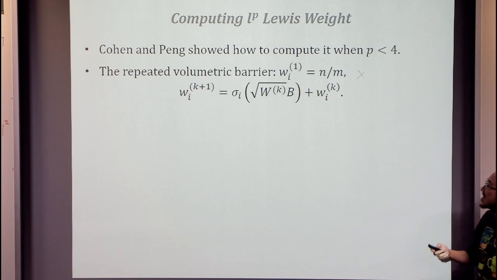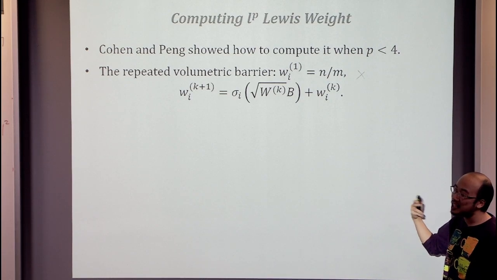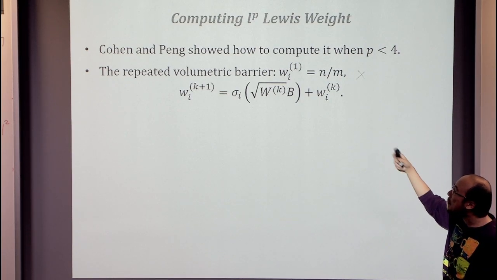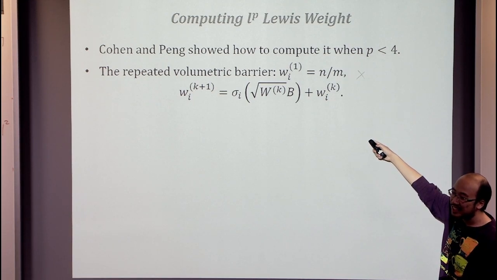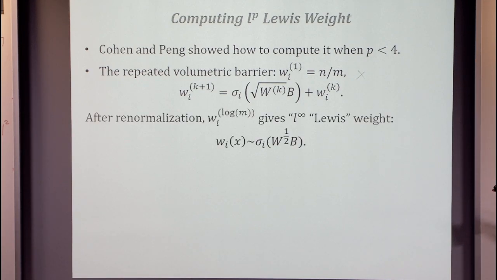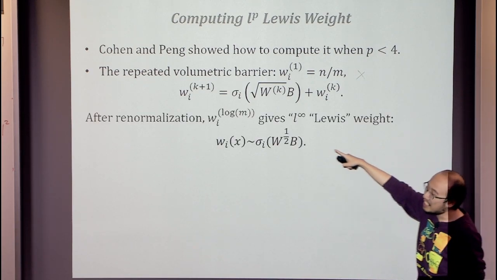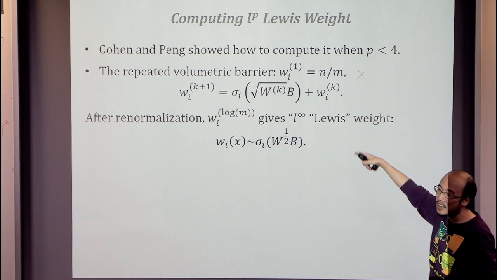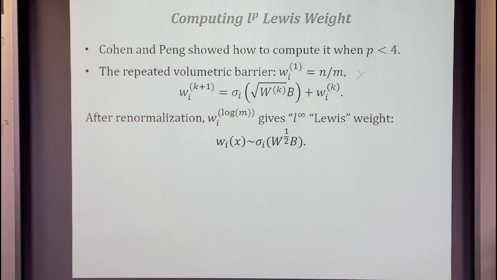There are multiple ways to do that. The paper gives you a way like this. That is the previous recursive definition of the weight. In fact, you can prove that you need to normalize the weight, and then you can show it exactly converges to the L-infinity Lewis weight.